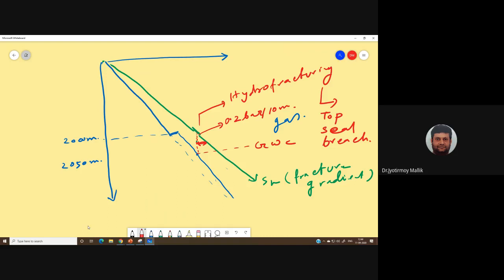Okay, now in case of gas. If it is oil, then I will use the gradient of oil, which will be, of course, a function of the density of the oil.